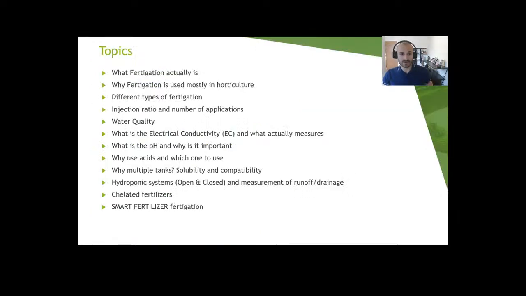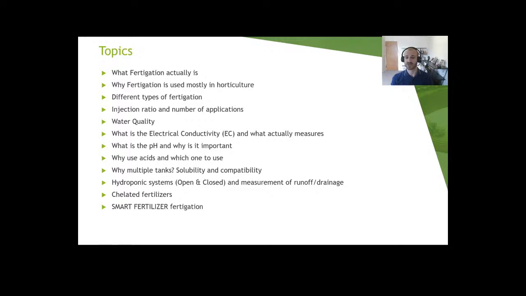We'll explain what fertigation actually is, why fertigation is used mostly in horticulture, and also why there are different approaches, different types of fertigation, and which ones are the most commonly used.